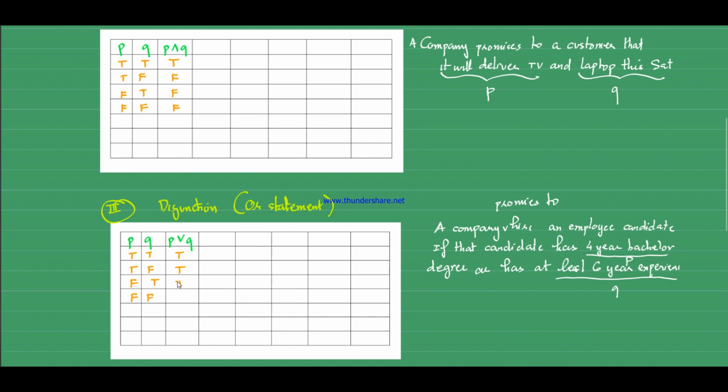Then of course it's still true. However, if the candidate has neither a 4-year college degree nor 6-year experience, then the company cannot keep the promise, because it can only keep the promise if he satisfies one of the conditions here. The promise is broken, so he could be false.